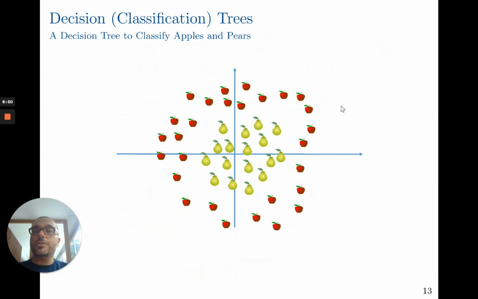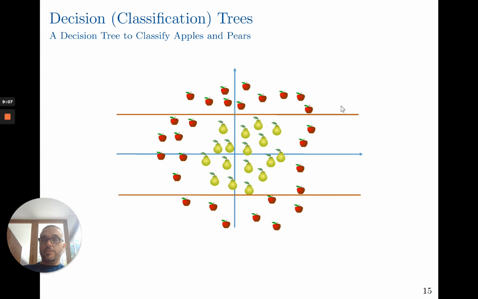So let's see how a tree can classify apples and pears here. Of course we cannot do it with a single straight line, so this is not linearly separable. We start putting a division here in the tree, then a second one here, then a third one here and a fourth one here, and bingo, a decision tree with this structure perfectly separates the apples from the pears.